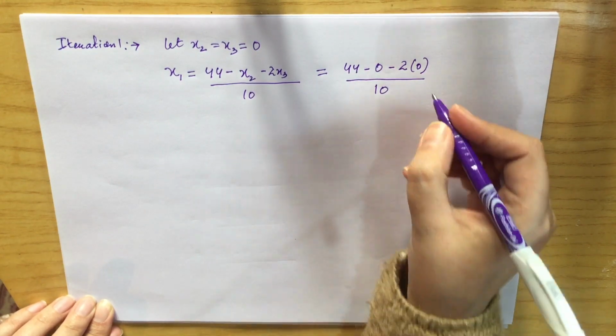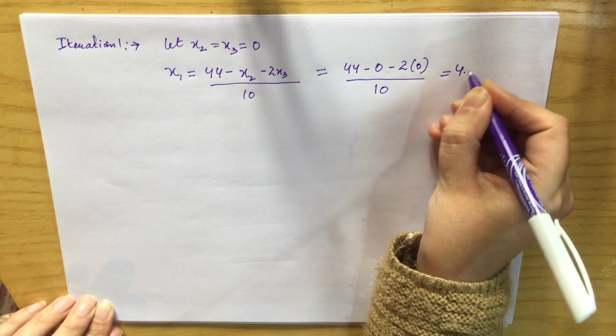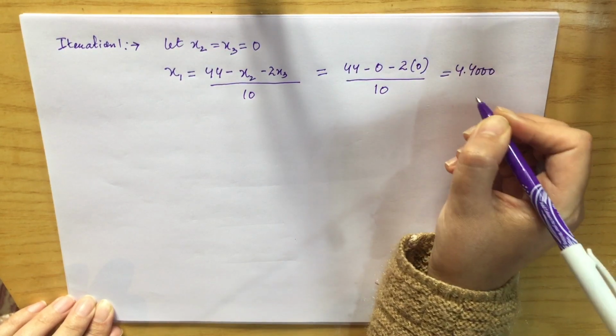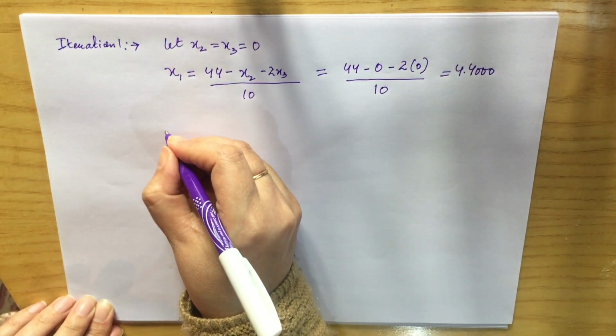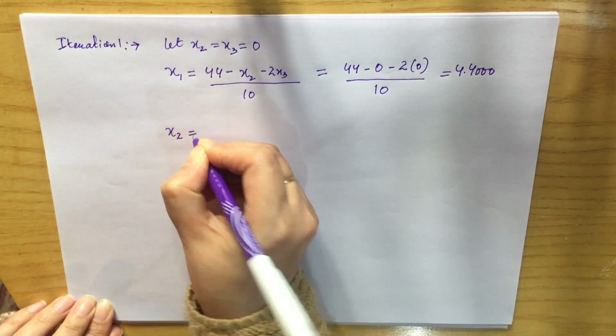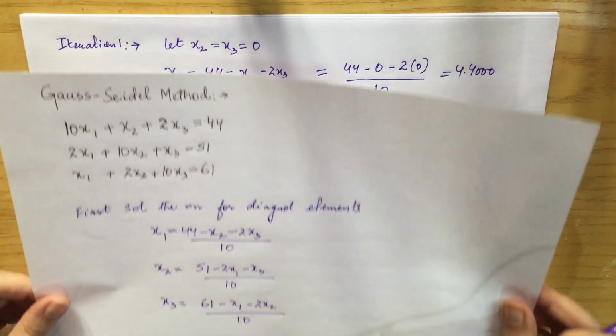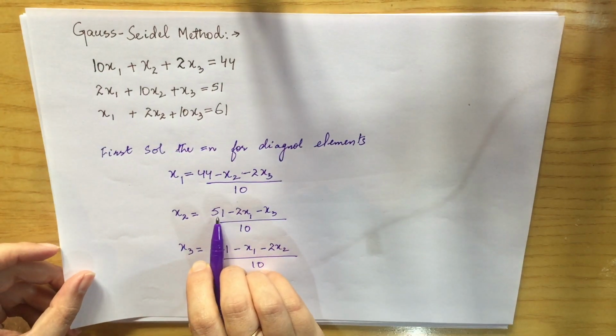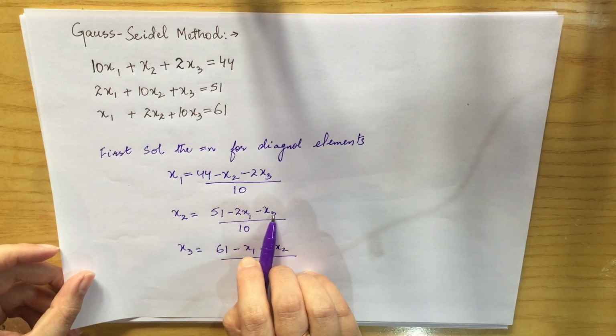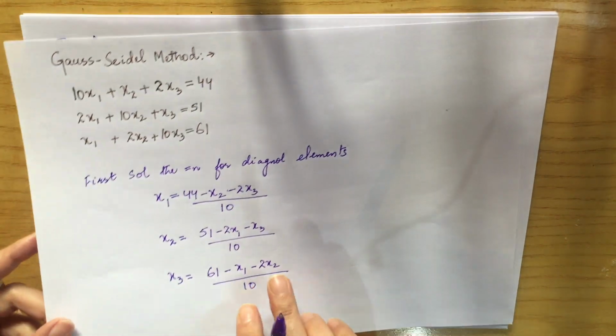So when you calculate it, it will be equivalent to 4.4000. Now we will solve for x2 in the same iteration. Our x2 equation is the one we got as 51 minus 2x1 minus x3 divided by 10.